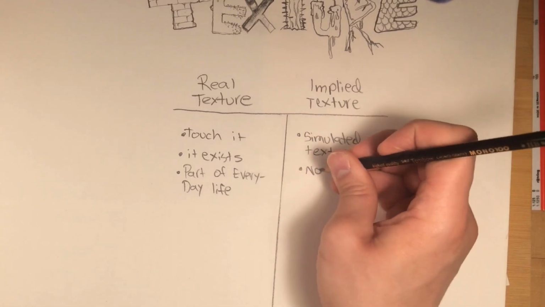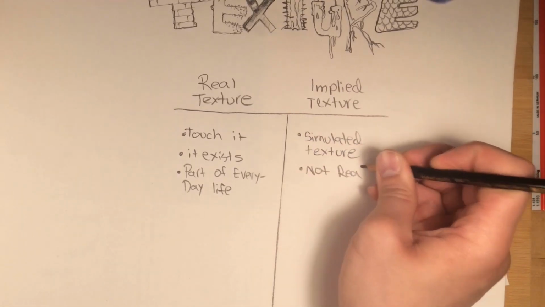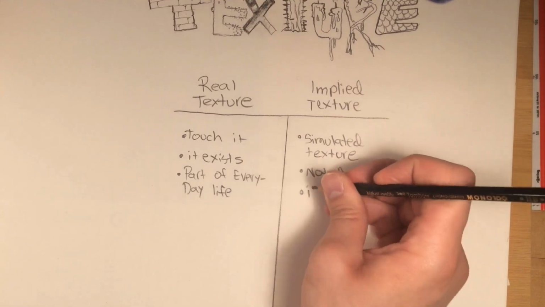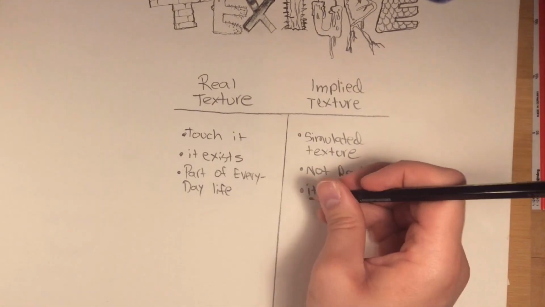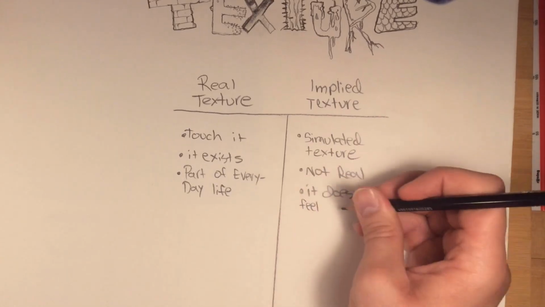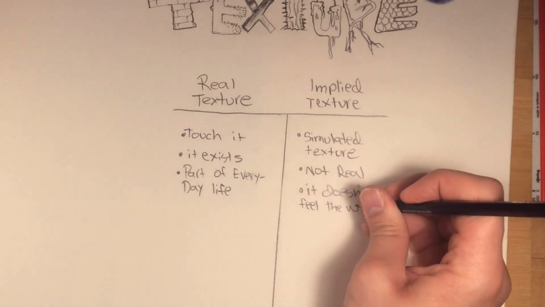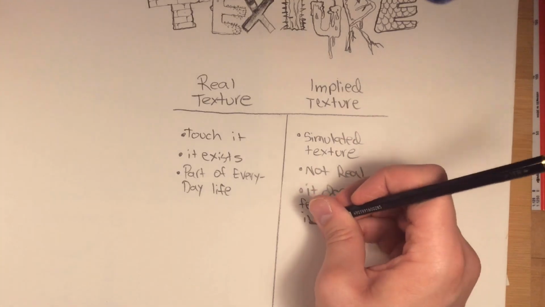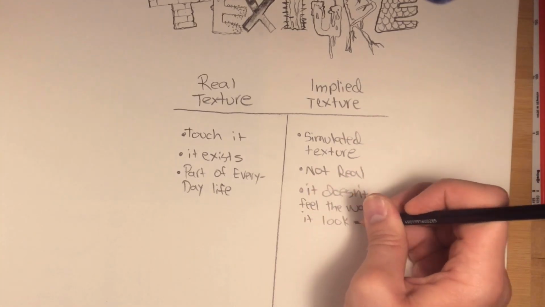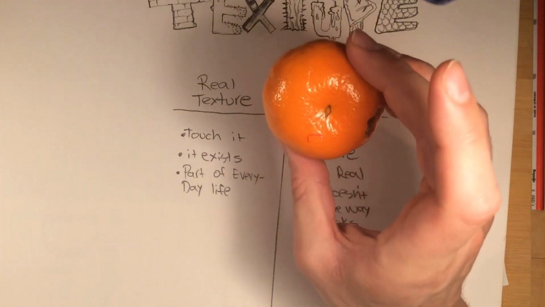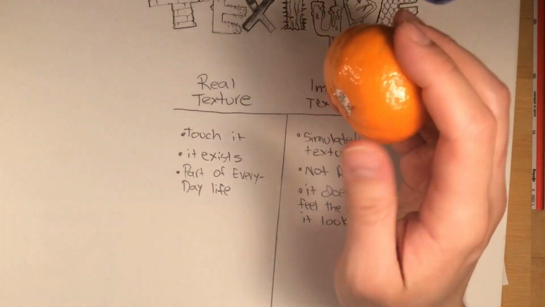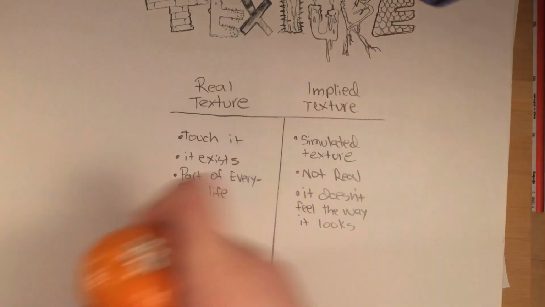It's not real, and the important thing here is it doesn't feel the way it looks. On a real texture, if I look at this orange and I say, oh, it looks bumpy, when I reach out and touch it, it's going to feel bumpy.